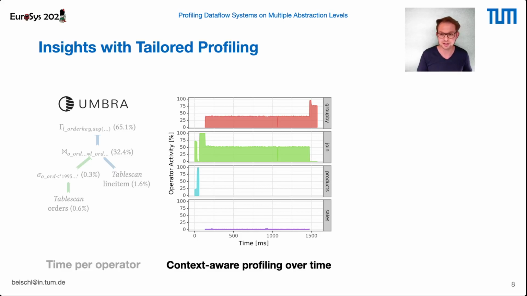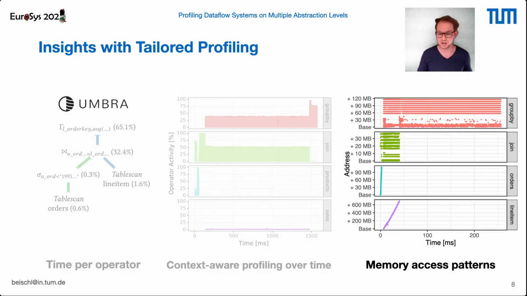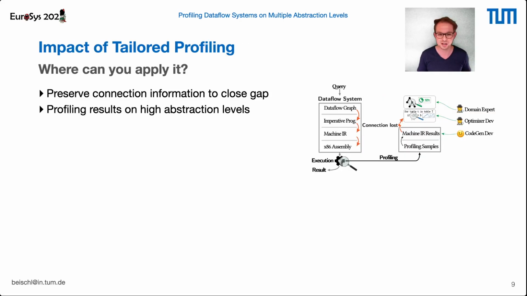Tailored profiling can handle all performance monitoring events because it basically just maps our samples back to the components independently of the event. We can therefore, for example, also profile memory access patterns by using memory load as performance event. And just to recap, we can do all of that just by closing the gap between our compiling data flow system and the generated code with tailored profiling.